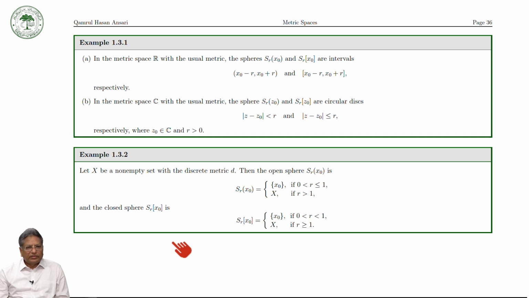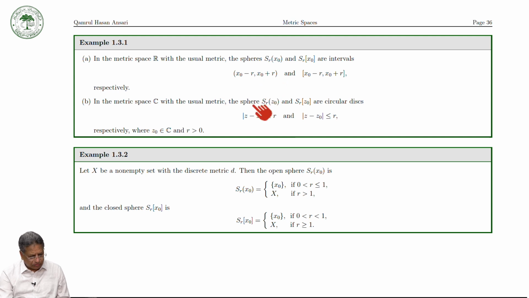So, the first example: we consider the metric space R with the usual metric, and we will see that the open sphere with center at x0 and radius r is equal to this set.